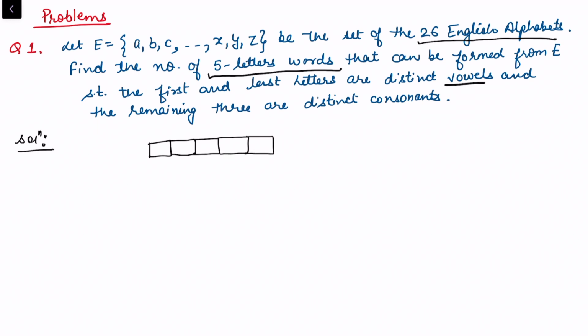It is said that the first and the last positions should be filled by vowels, and the vowels have to be different. So the vowel placed in the first box should be different from the one in the last.